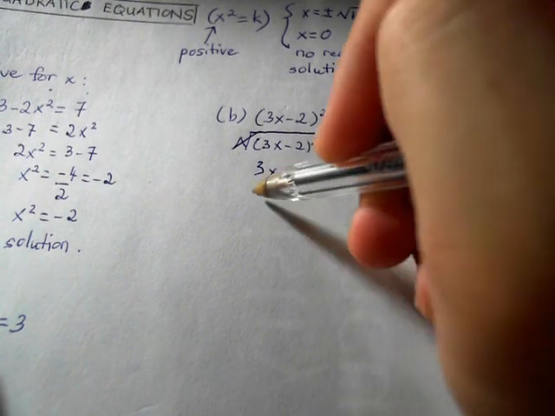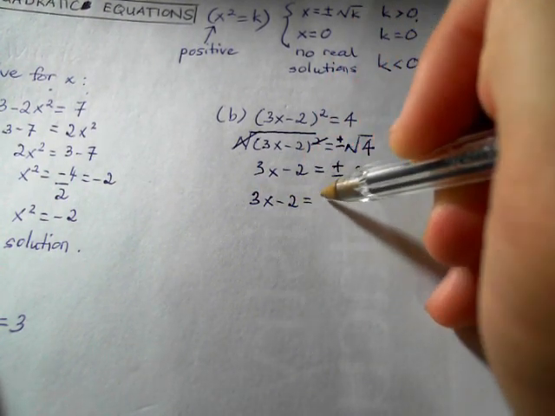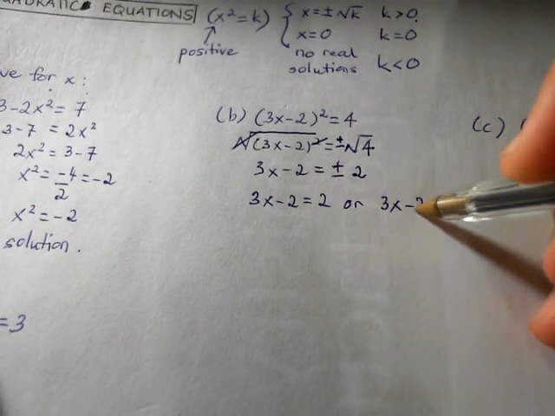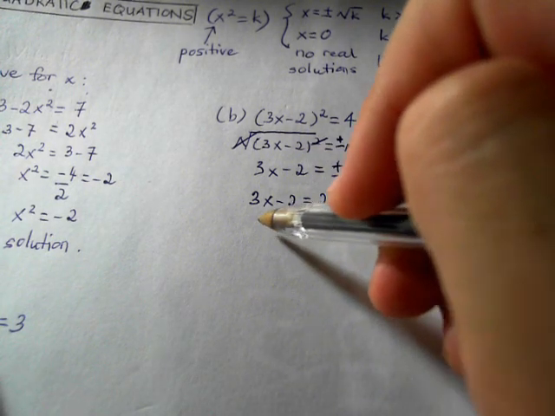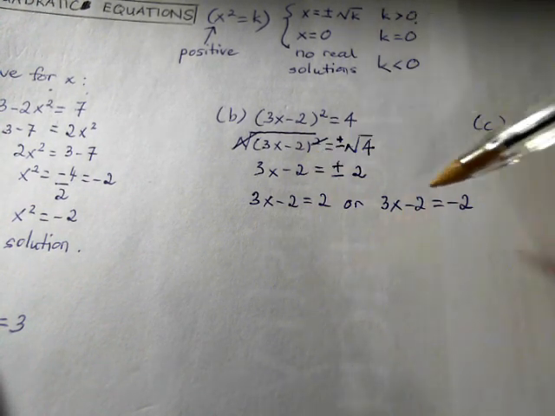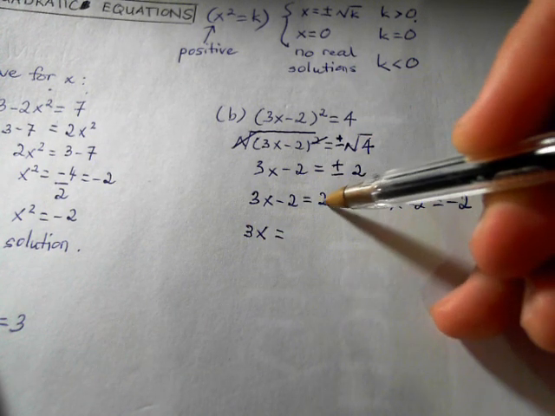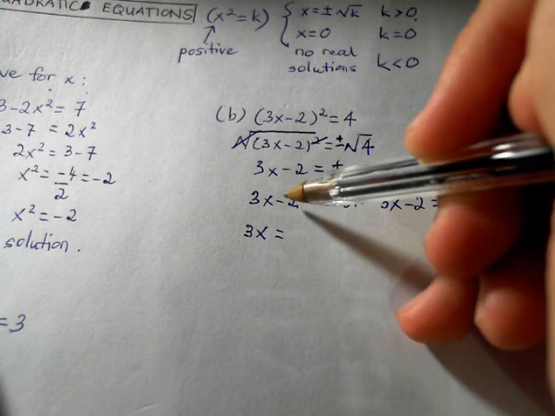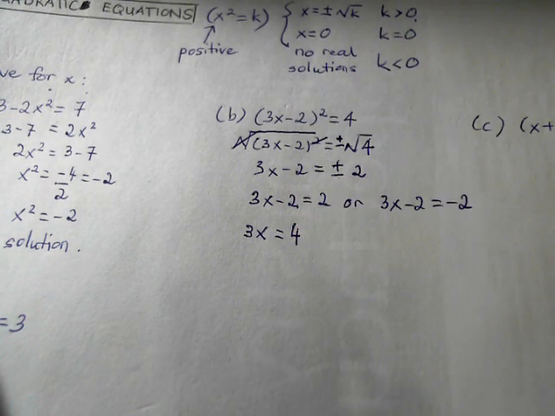Now to solve it, 3x minus 2 is equal to 2, or 3x minus 2 is equal to negative 2. We treat this as two separate equations. So 3x equals 2 on the right hand side, and the minus 2 on the left hand side goes to the right, becoming 4.